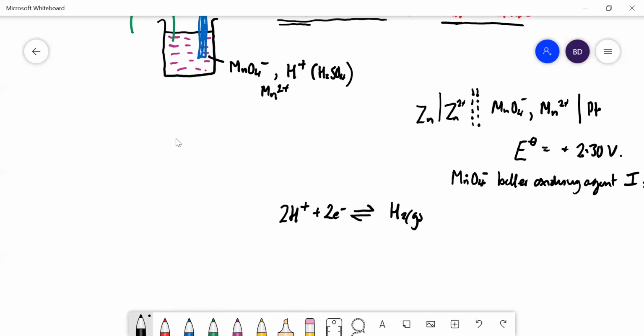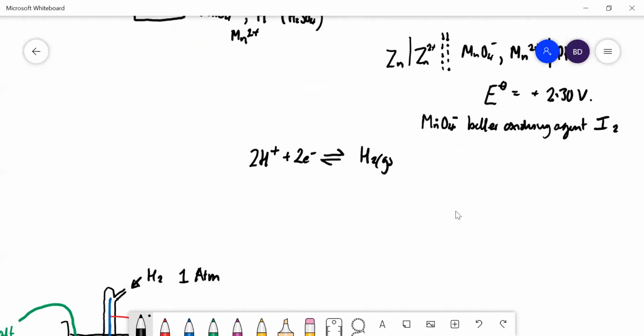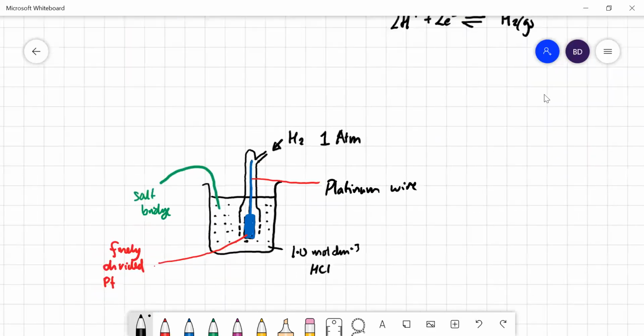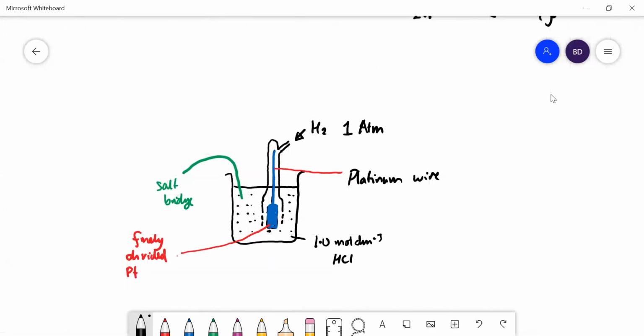Right, now, how could you set up a half cell with that? It would be quite tricky because you've got gas involved there. Well, I'll show you. I've got it drawn down here. You can see there what you've got is this glass tube, and it's got little holes in it at the bottom there to let the hydrogen out. The hydrogen comes in at 1 atmosphere pressure.